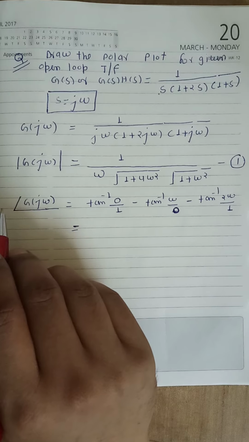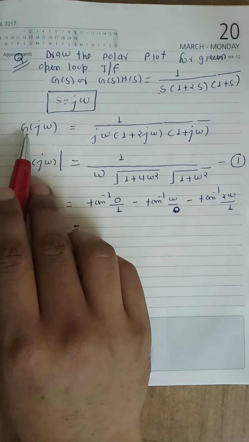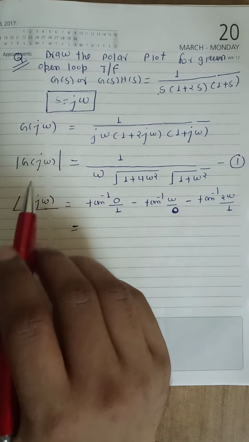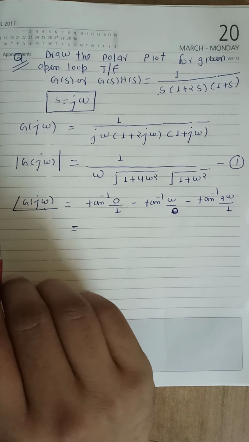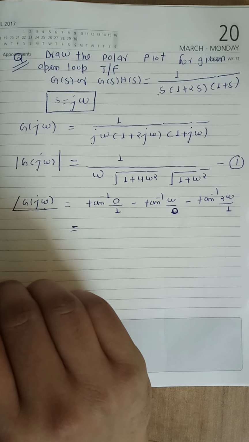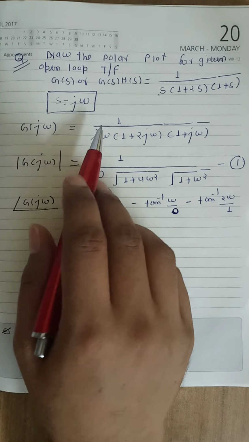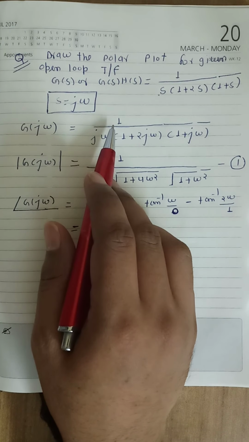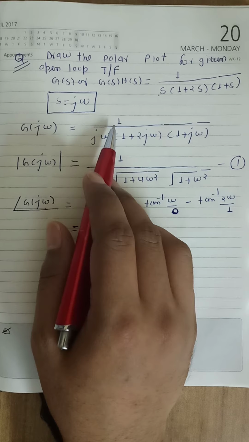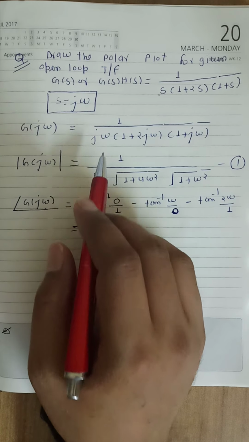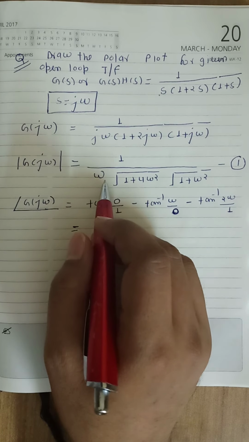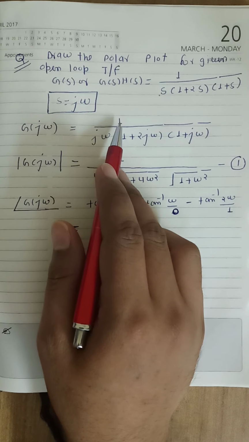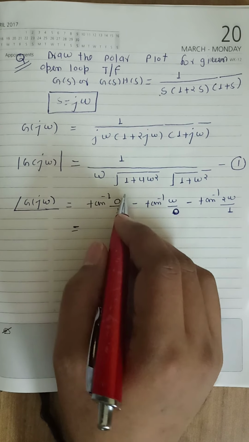Similarly, we can write phase angle for G(j omega) according to tan inverse imaginary upon real. For numerator polynomial, imaginary we have 0, real we have 1, so tan inverse 0 by 1.